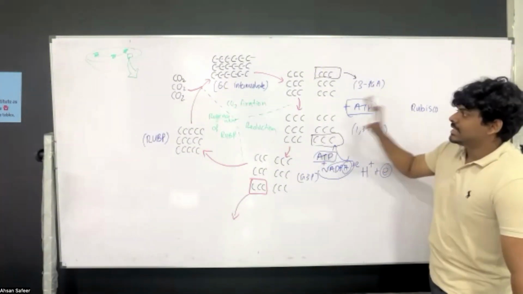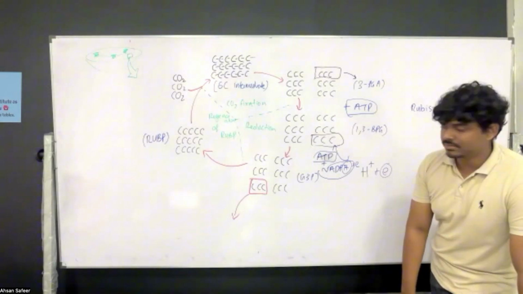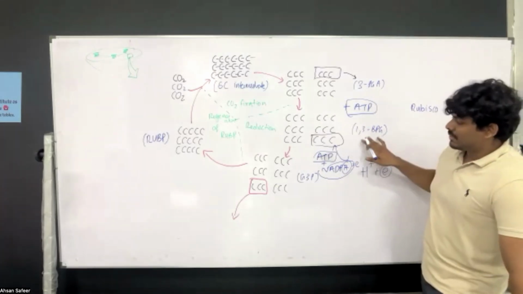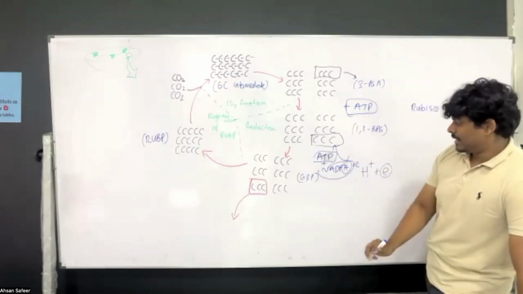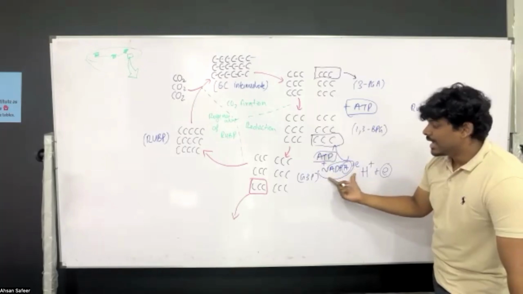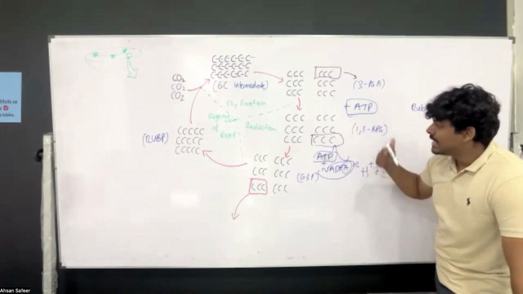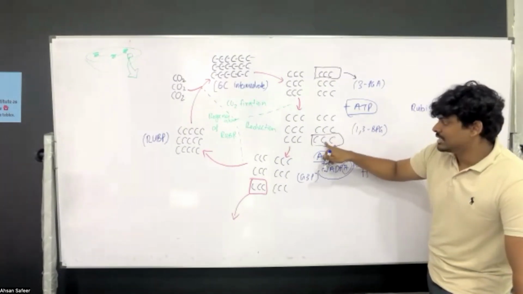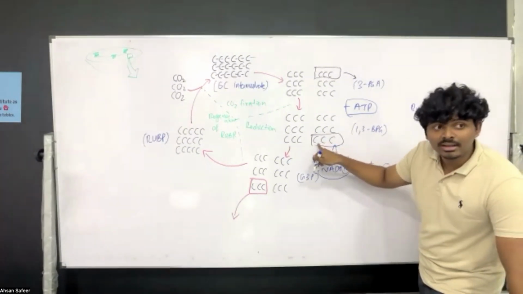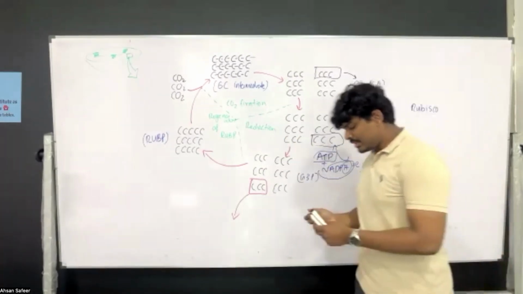Try to link this information to something that makes sense. Understood? Since NADPH is being used here, it is giving a hydrogen to this molecule, so the molecule is undergoing reduction. Therefore, reduction phase.